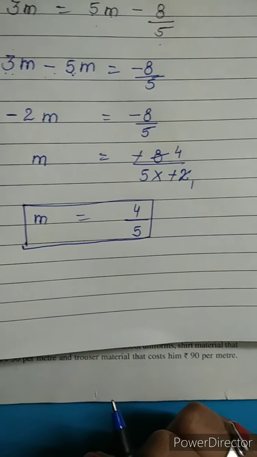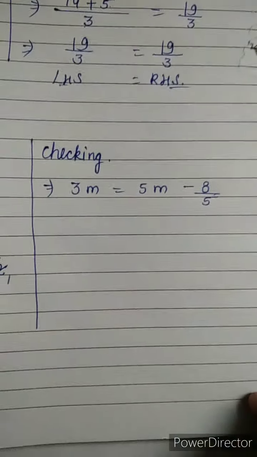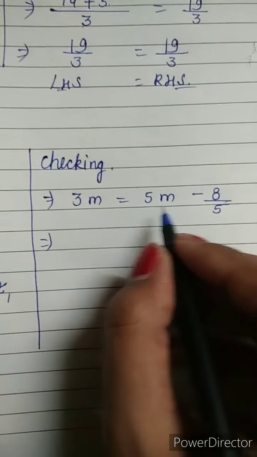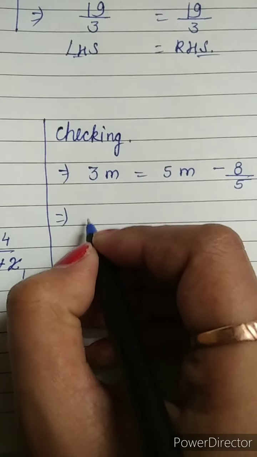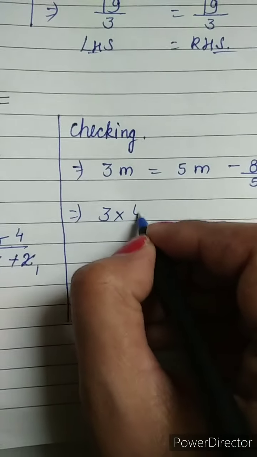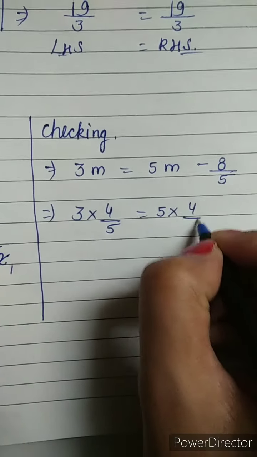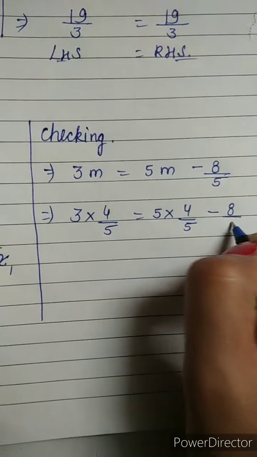Now it's time to check our answer, that is m is equal to 4 by 5. Here I have already written the question, that is 3m is equal to 5m minus 8 by 5. On the place of m I will put its value, 4 by 5: 3 multiplied by 4 by 5 is equal to 5 into 4 by 5 plus minus 8 by 5.